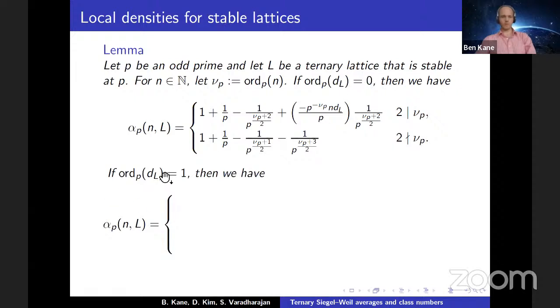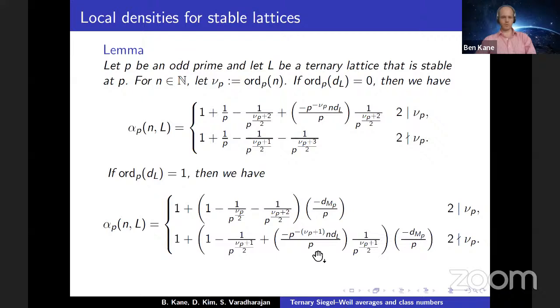When the order of the prime dividing the discriminant is 1, then we get two cases again. And in both cases, we have this Legendre symbol showing up, but in a slightly different way. So this M_p is a lattice that splits off from L in a certain way.